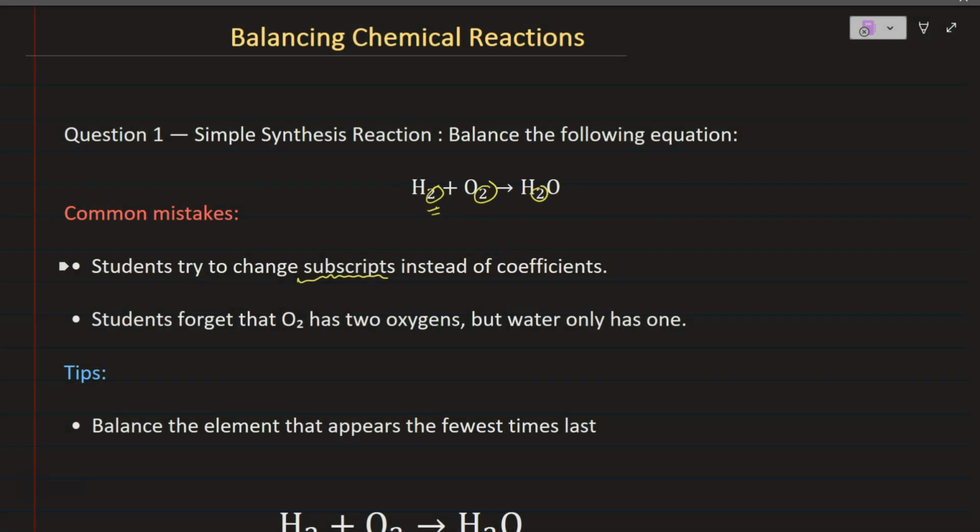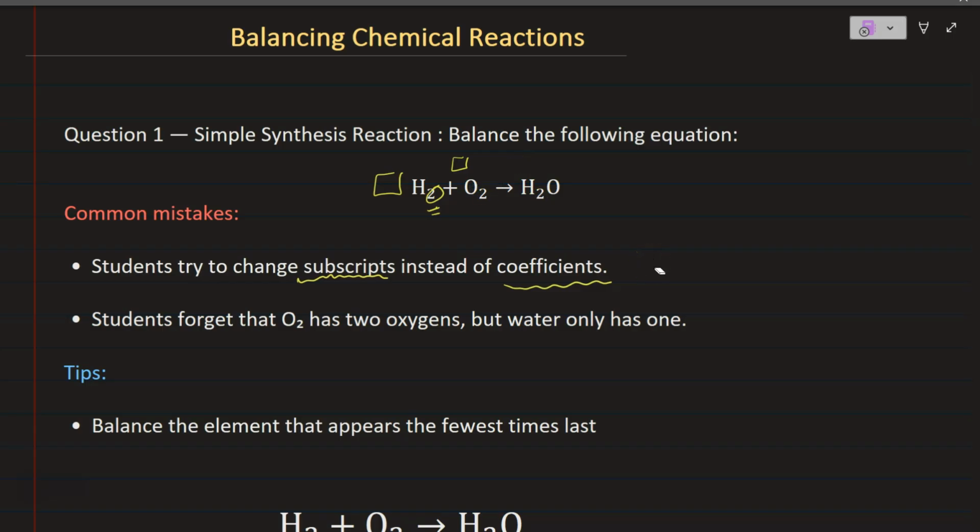We are not allowed to change these subscripts. The only way we can change is the coefficient. That means a number that will show up in front of these. That's the only way we can manipulate a reaction so that we can balance the equation and, of course, balance the reaction.